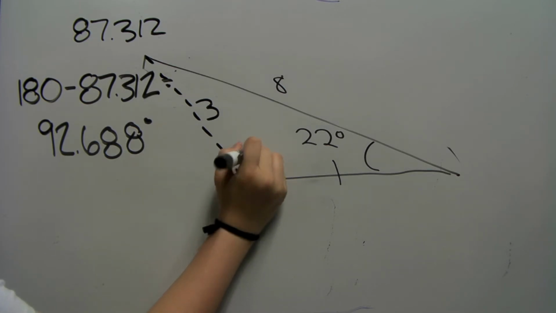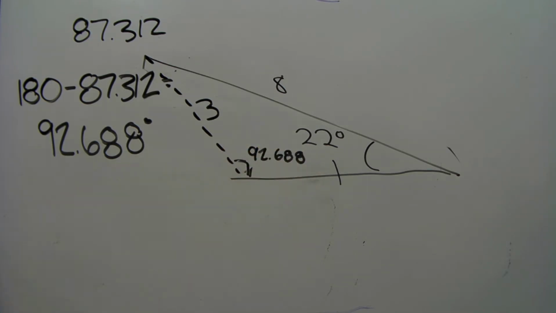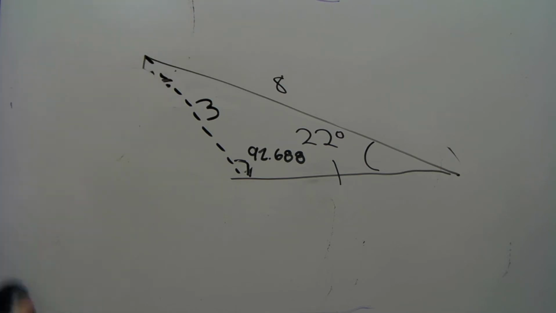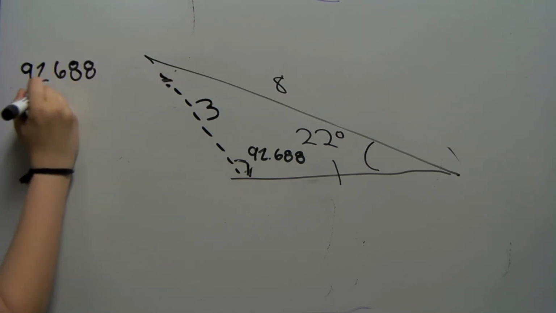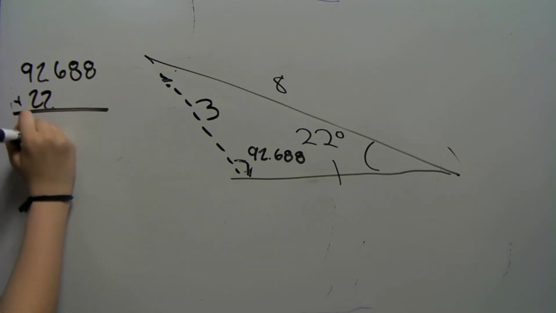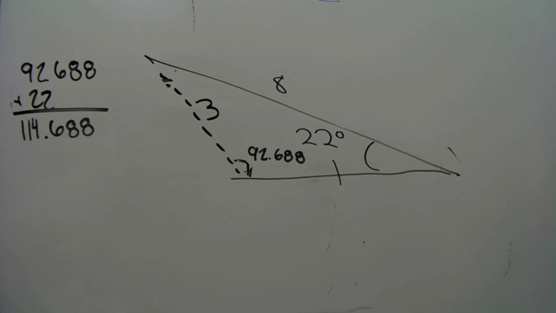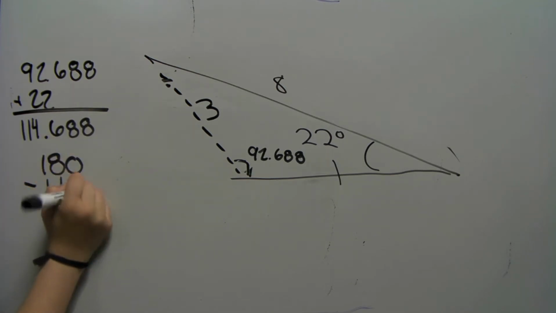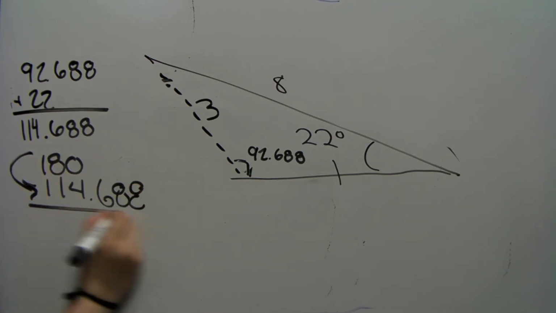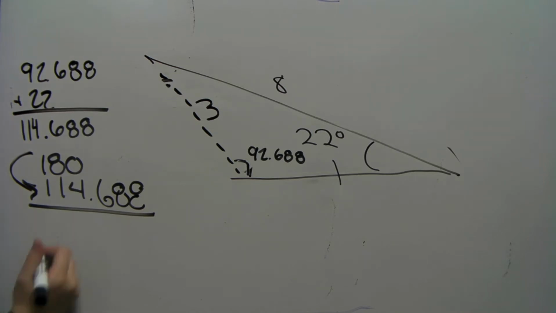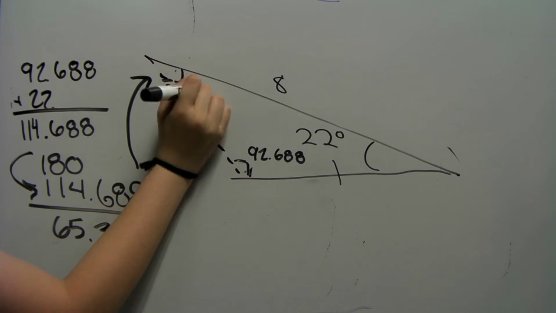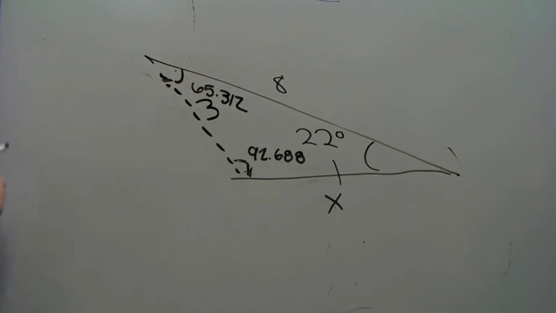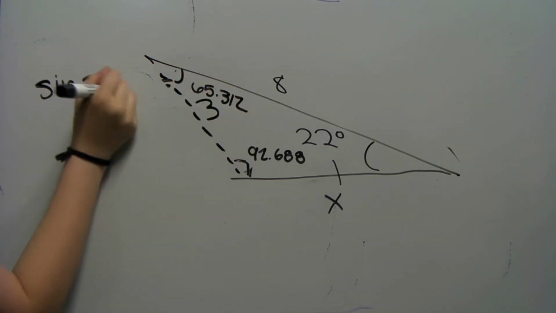So our first angle is 92.688 degrees, and then to find the last one, we take 180 minus 92.688 plus 22. So those equal 144.688. So we take 180 minus that, and we get 65.312. So our new angle is 65.312 degrees, and then we just have to find x the same way.